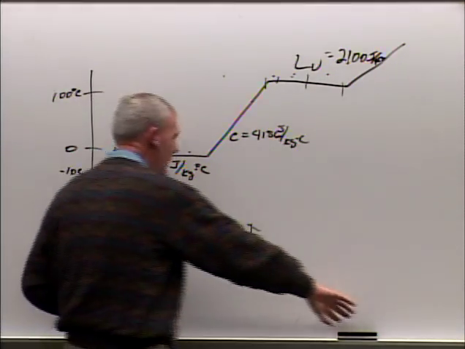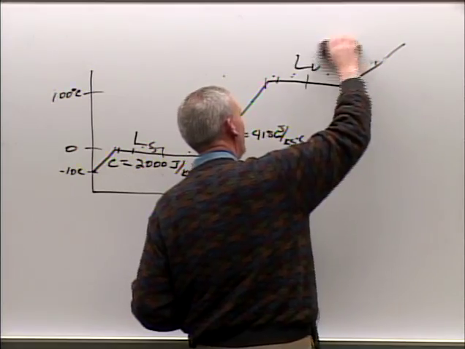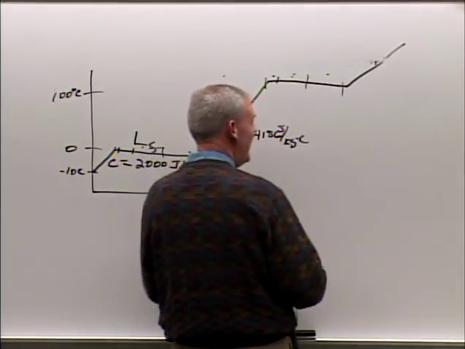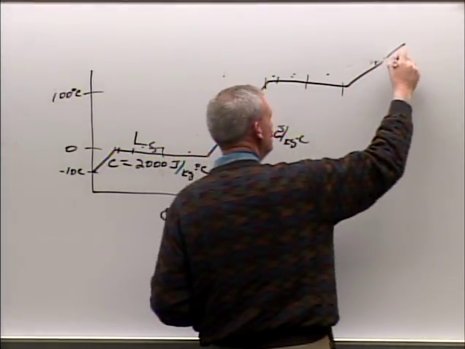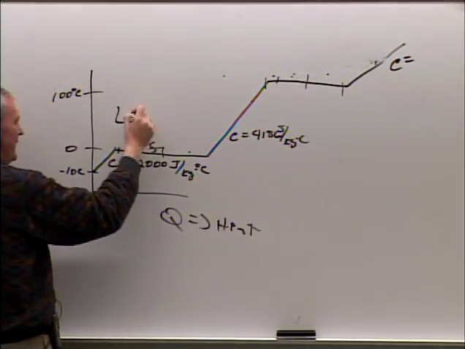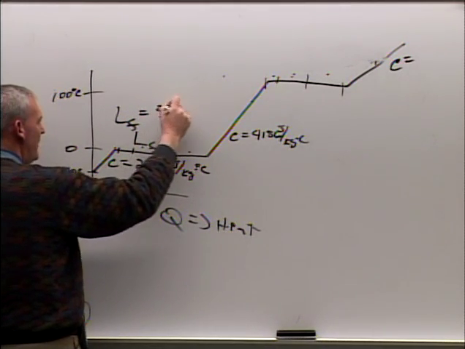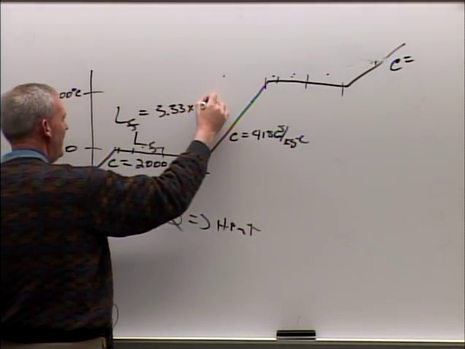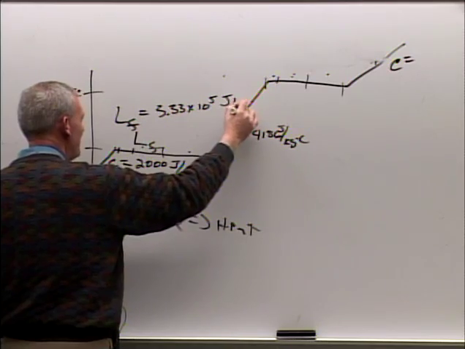No, that's not right. I'm sorry. That's not even close. That was the specific heat for steam. You're right. And the latent heat of fusion for water is 3.33 times 10 to the fifth joules per kilogram.